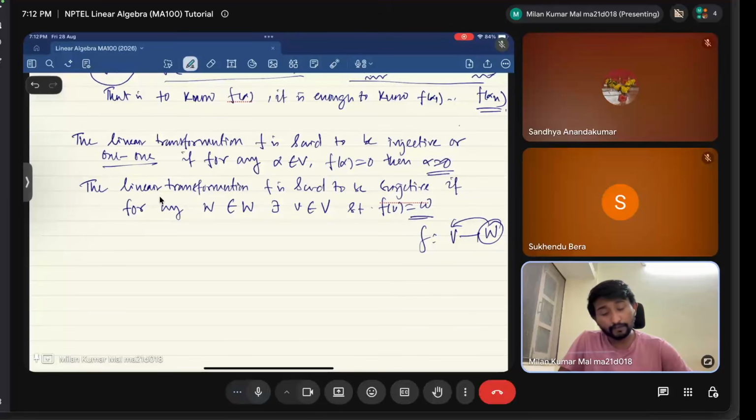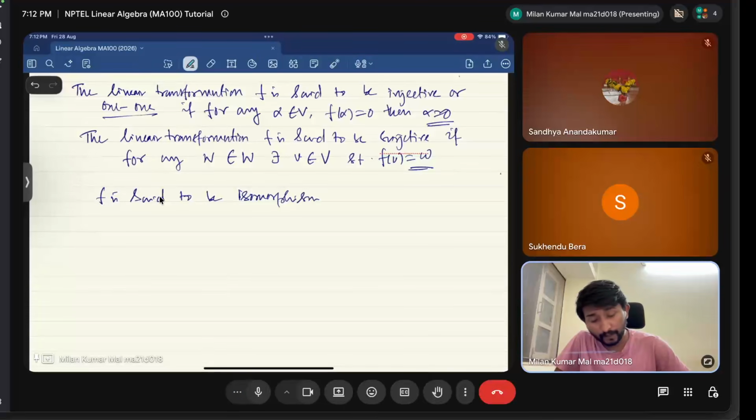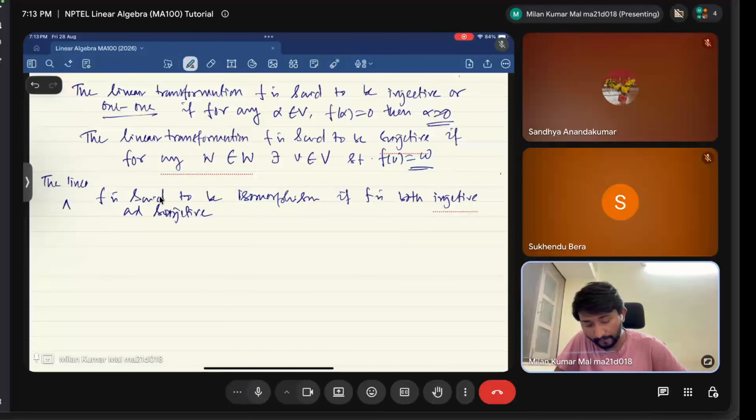The linear transformation f is said to be an isomorphism if it is both injective and surjective. That is called bijective. So f is an isomorphism if f is linear, injective and surjective.